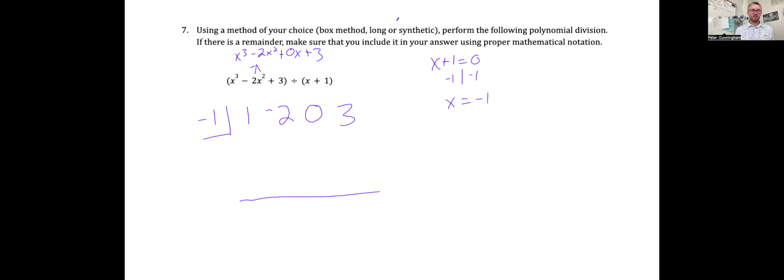Okay. Bring your 1 down. 1 times -1 is -1. Combine these and we have -3, -3 times -1, +3, 0 plus 3 is +3, 3 times -1, -3. We actually got one with no remainder.